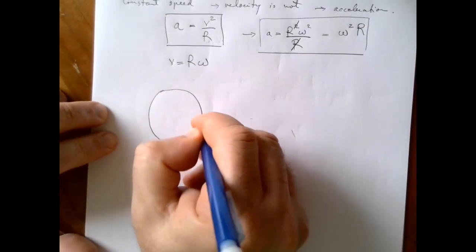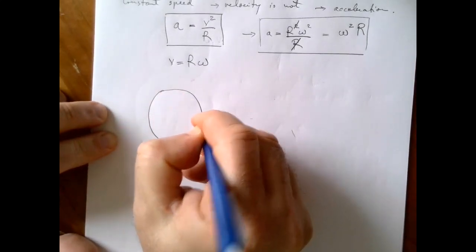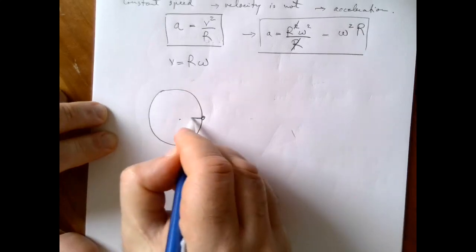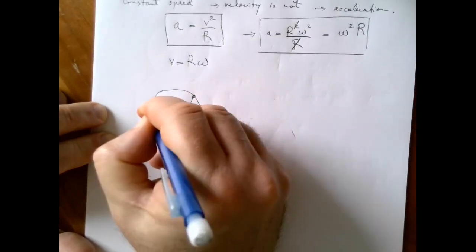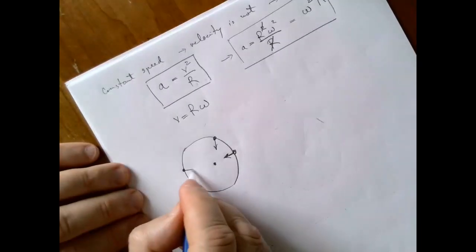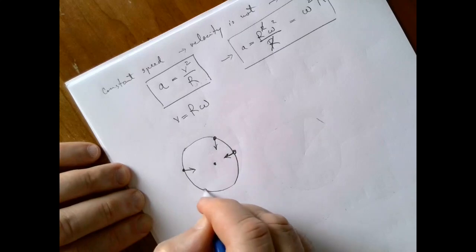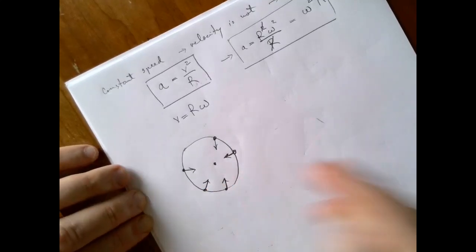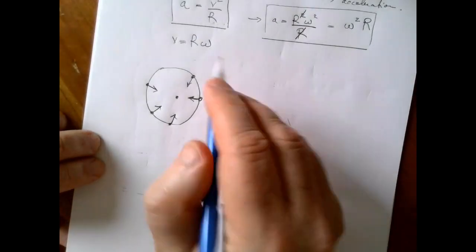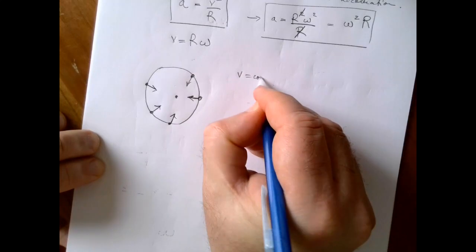They are both correct, and they can both be used interchangeably. The direction of this acceleration is always towards the center of the circle. No matter where the object is, this acceleration will be constant, and it will point towards the center of the circle. Constant because v is constant.